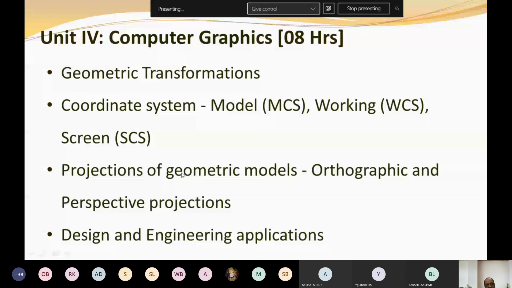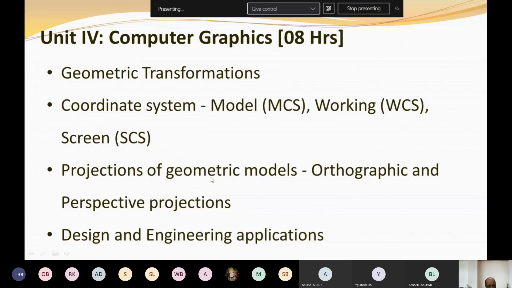So we have to shift our working coordinate system onto the model, and with the help of that model we define a system that is called the model coordinate system. A particular model has a particular zero point, and with respect to that we define one coordinate system which will help us to create different features on that particular model.